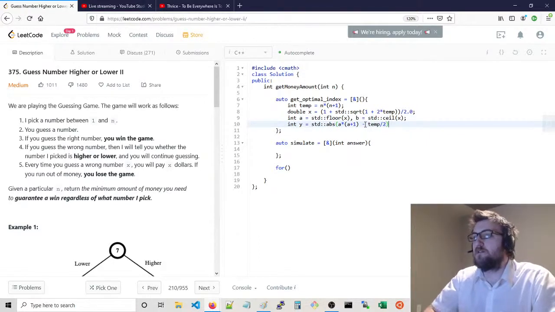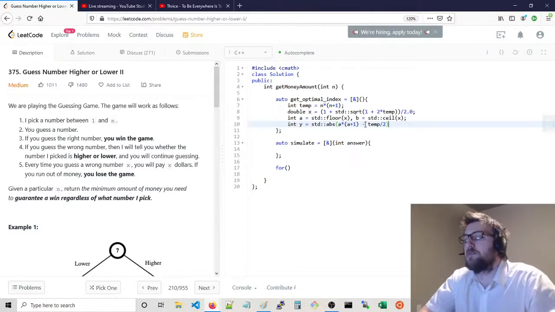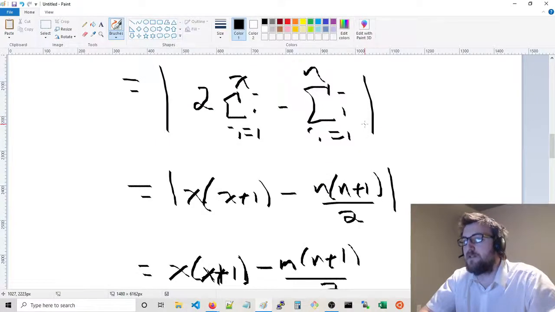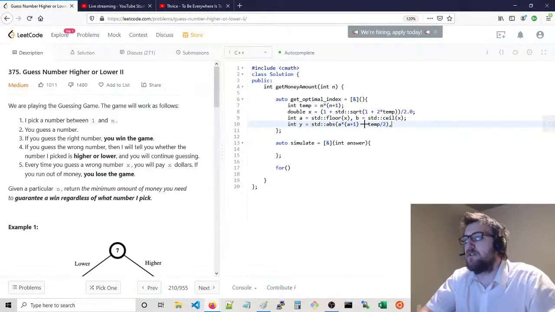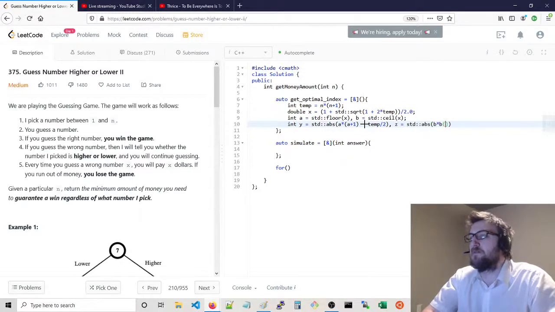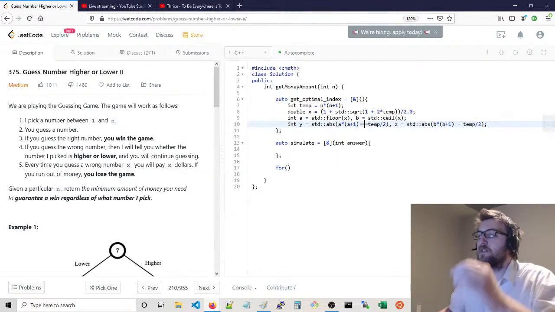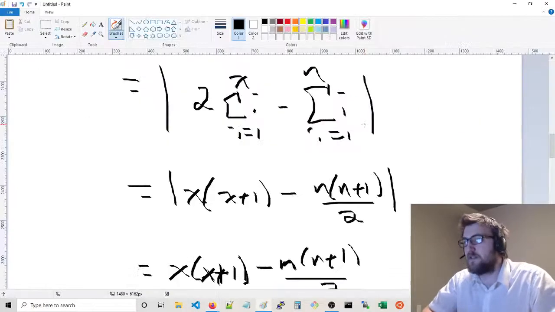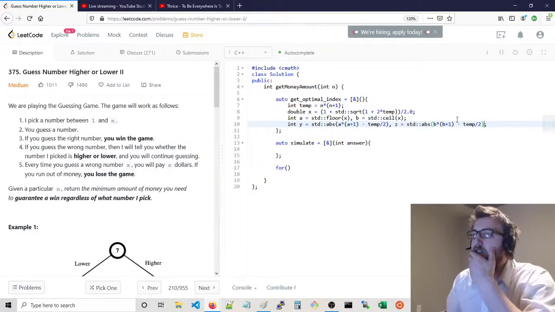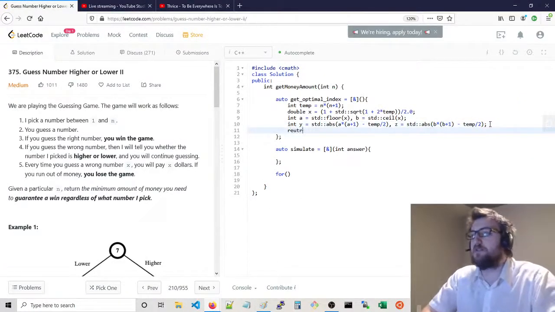So a times a plus 1 minus temp over 2. And then z is the absolute value of b times b plus 1 minus temp over 2. Then we'll return the min of y and z.